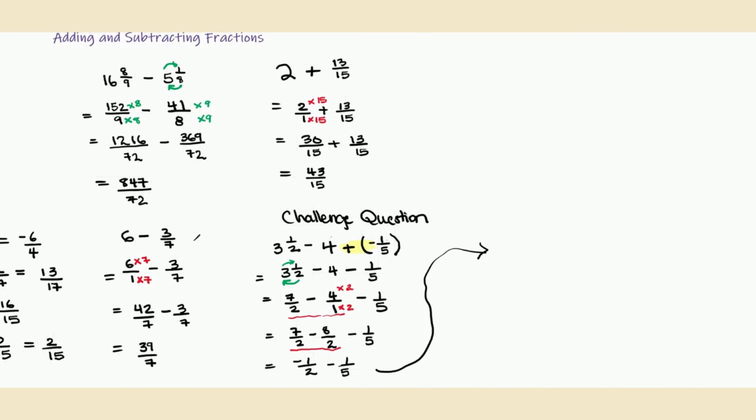To get them to have the same denominator, I'll multiply this fraction by 5 and then this fraction by 2. So times 5 would make 10 here. Do that at the top and the bottom. And then times 2 here would make 10. We do that at the top and bottom as well. This will be negative 5 over 10 minus 2 over 10. Negative 5 minus 2 is negative 7 over 10, and that is your final answer.